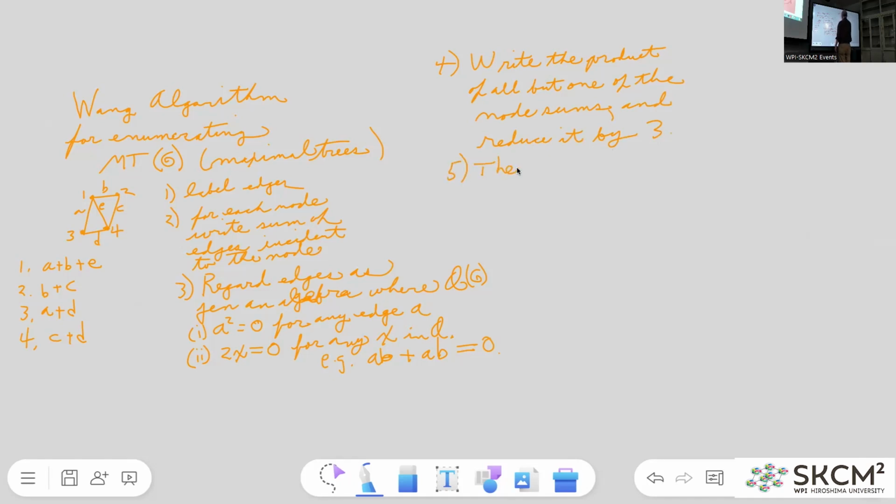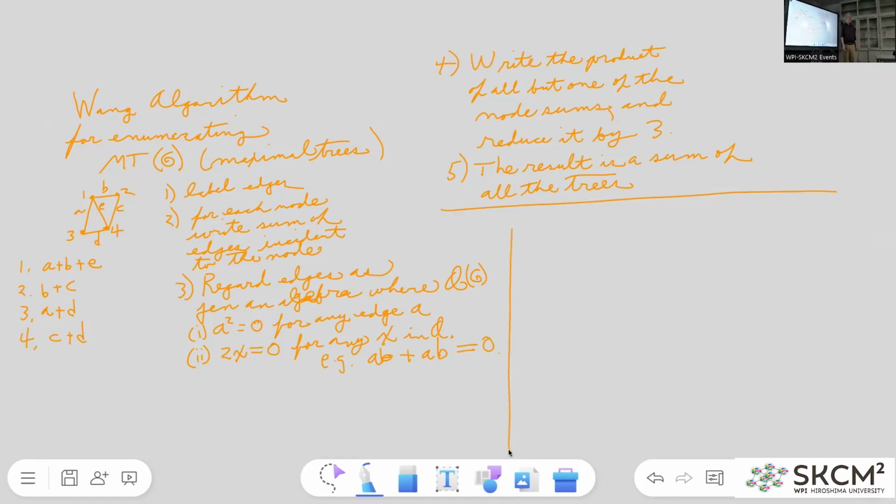The result is a sum of all the trees. Try it out on something simple and then we'll try it out on that.